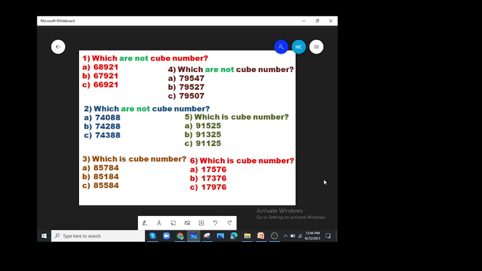There are some shortcut methods I wish to tell you. One is you can cancel these digits. 8 plus 1, 9 you can cancel. Correct? This 8 plus 1, 9 cancel. This 9 also cancel. Left out is 8. So 8 can be a remainder when you divide by 9.